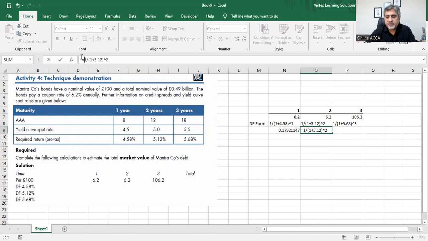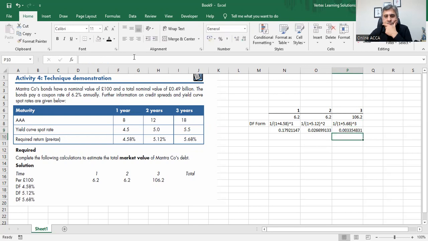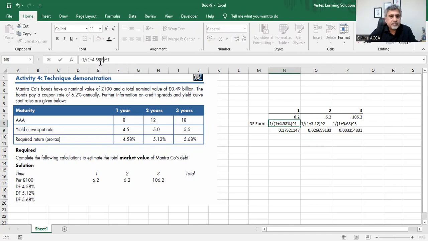And now these are my discount factors. So I forgot to put the percentage sign. Percentage. That's what I was thinking.